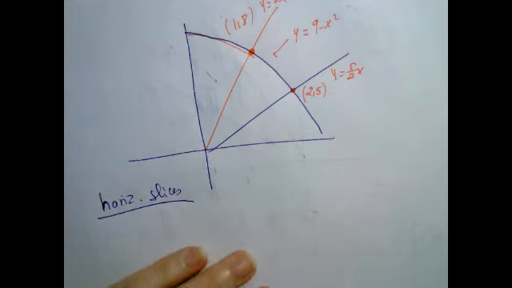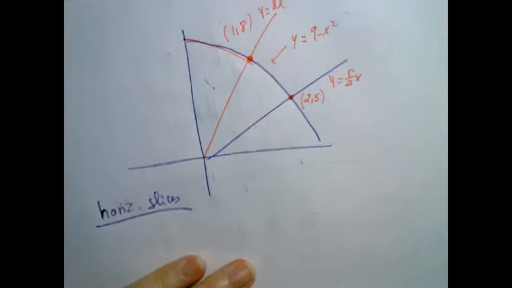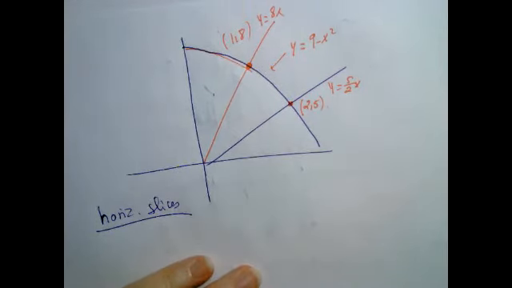Would it be useful in this problem to do horizontal slices instead of treating the equations as y equal to something times x, to treat x as y and y as x? Wait, you prefer this problem to be vertical slices? No, that's not what I was trying to say.